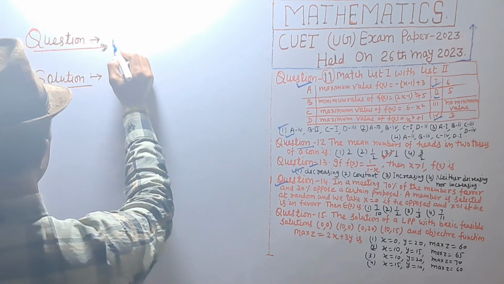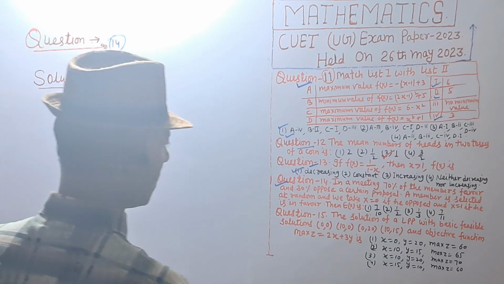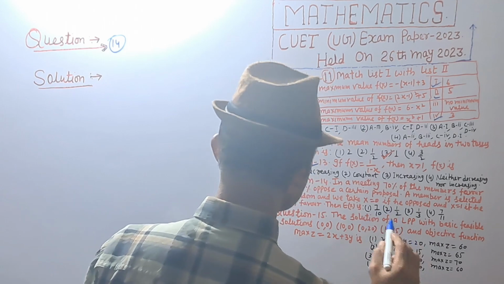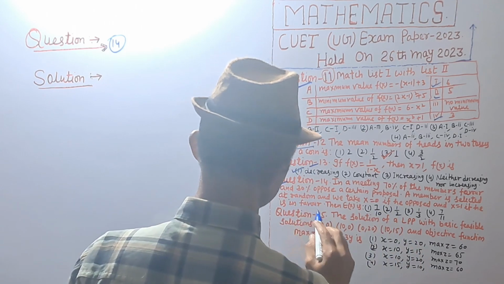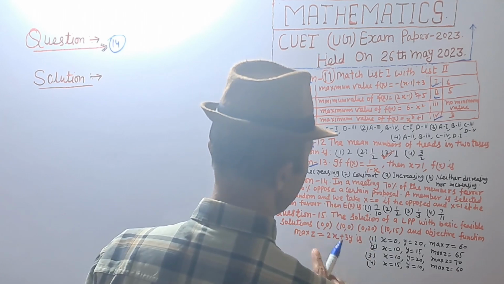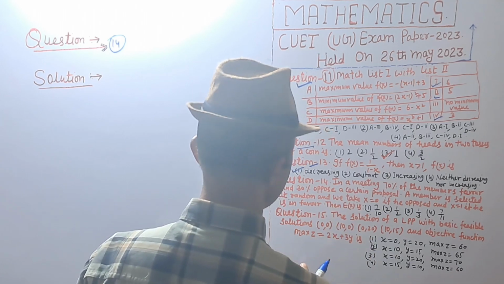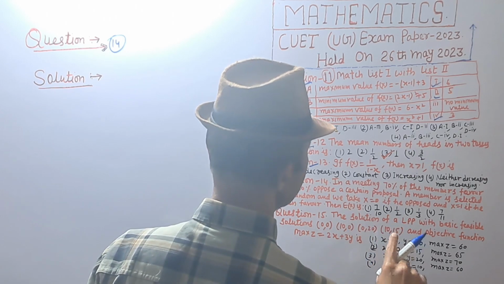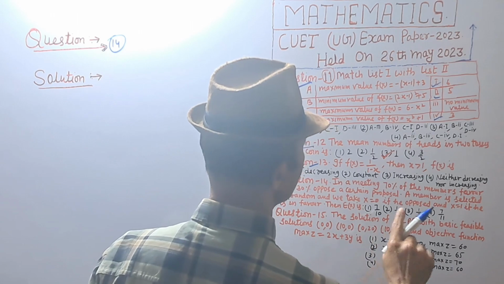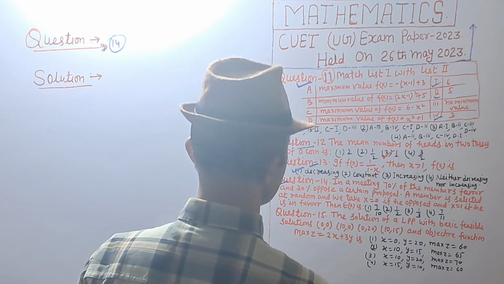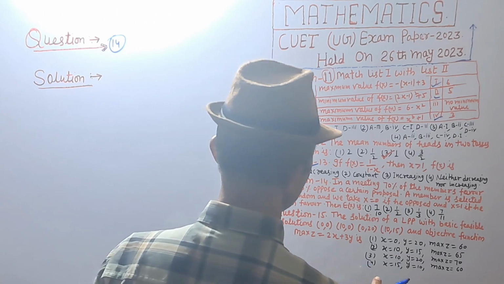Question number 14. In a meeting, 70% of members favor and 30% oppose a certain proposal. A member is selected at random and we take x equal to 0 if he opposed and x equal to 1 if he is in favor. Then the expected value of x is.